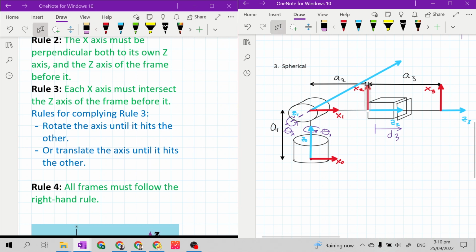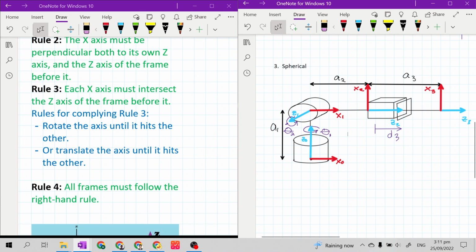Because remember, we are looking at our kinematic diagram in three views. We have the front view, the top view, and the right side view. Now you are looking at it in isometric view.